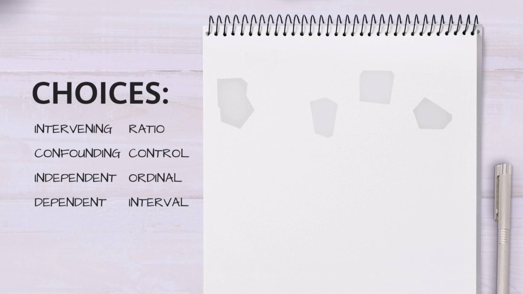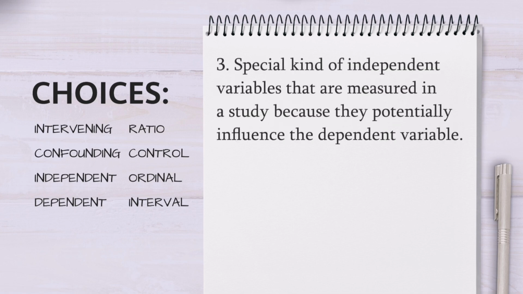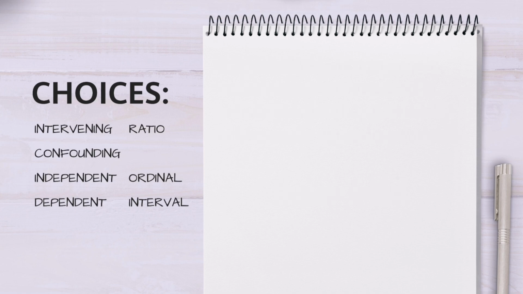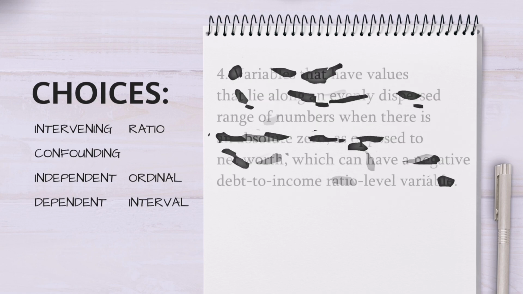Question number 3. Special kind of independent variables that are measured in a study because they potentially influence the dependent variable. You guessed it right again. It's control. Question 4.